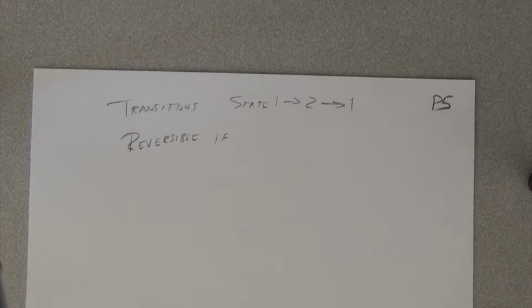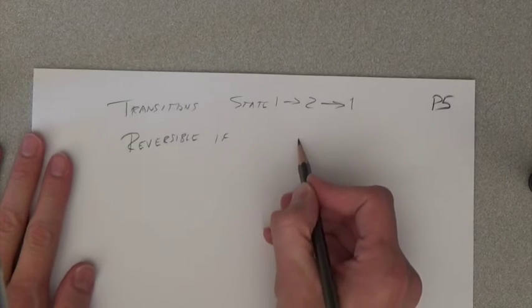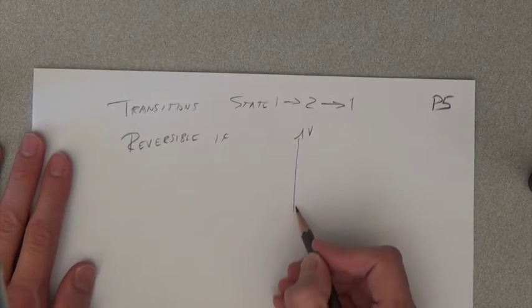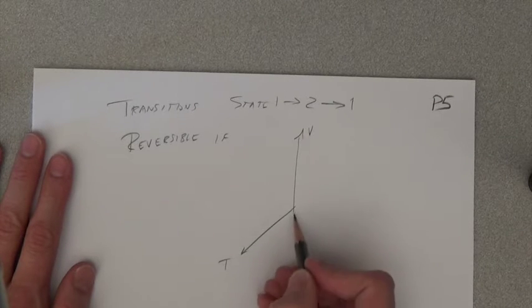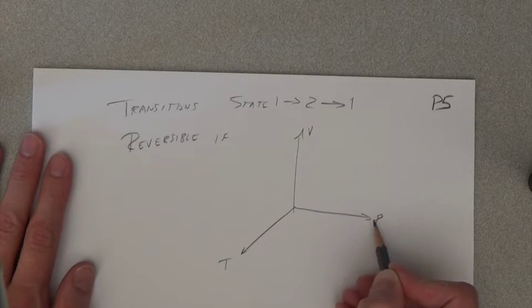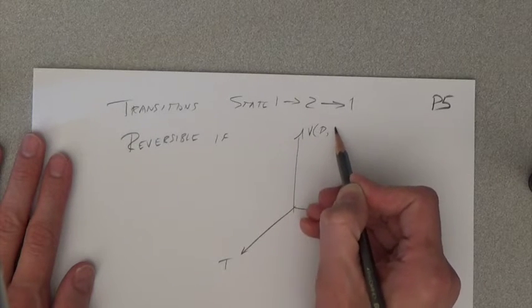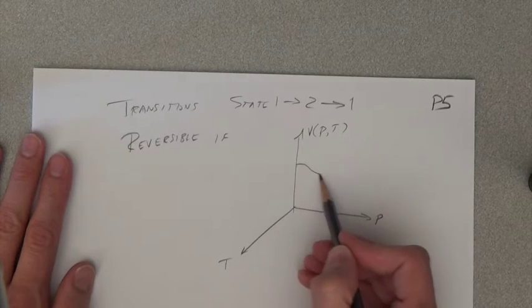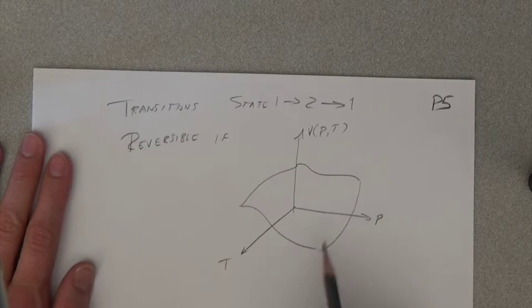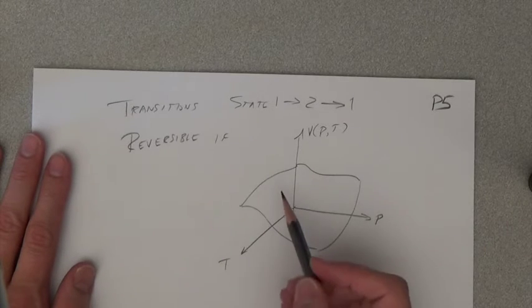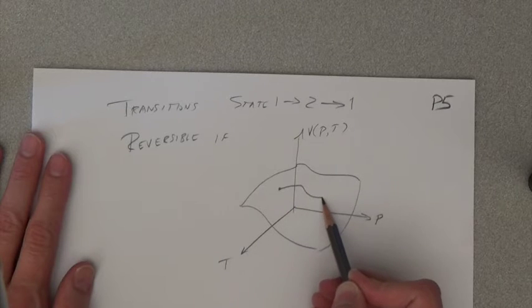And what that means is that on our surface in phase space, so we've got our volume as a function of pressure and temperature, we're constrained to staying on this thin volume.